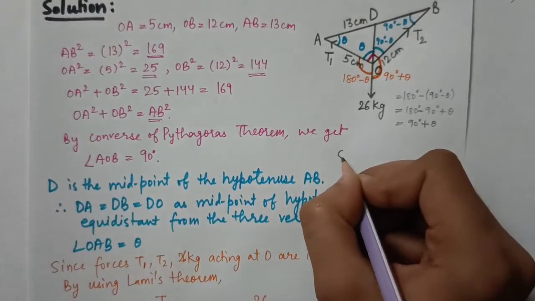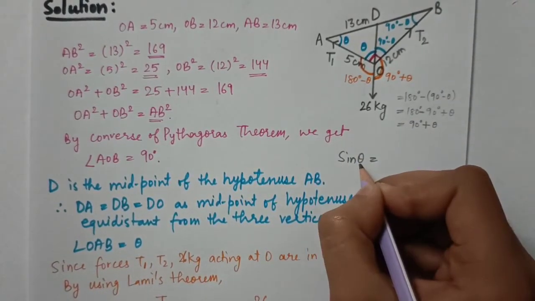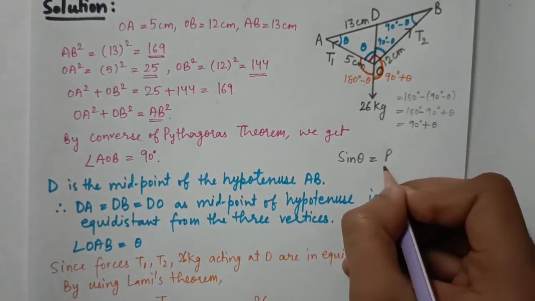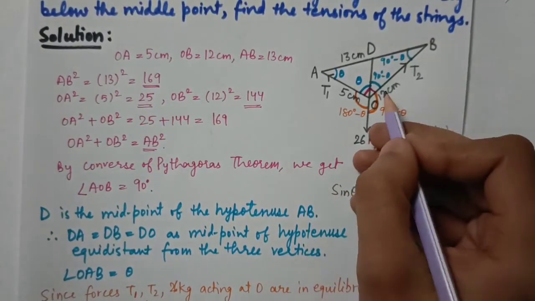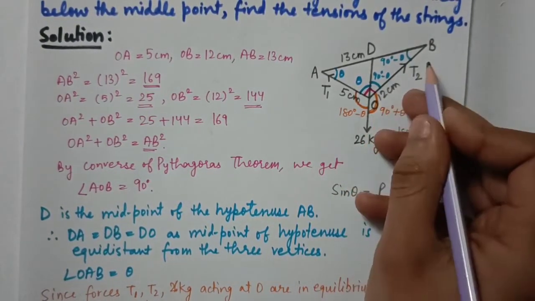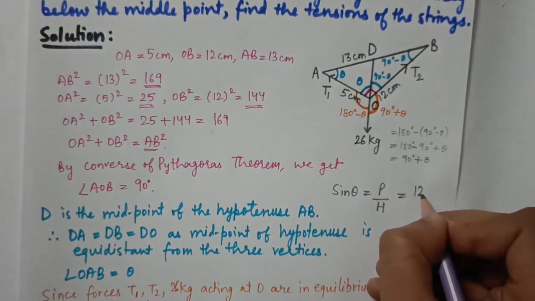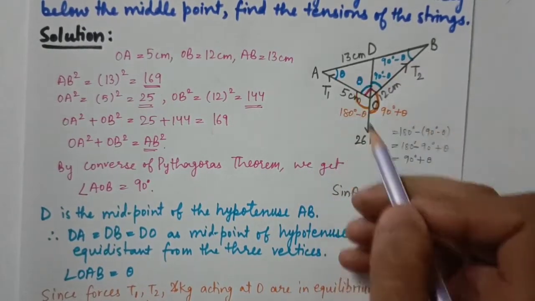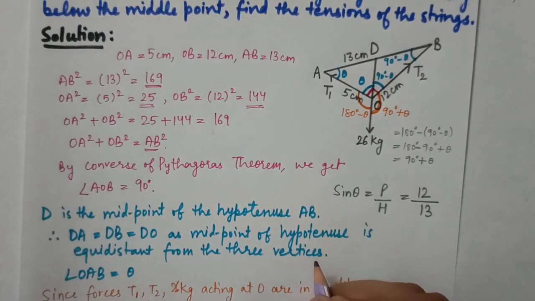And sine theta, I am just going to write it here in rough, we know is equal to perpendicular upon hypotenuse. So what is the perpendicular? This OB, and its value is 12 centimeter. So it is 12. And what is the hypotenuse? This AB, and its value is 13. So sine theta is equal to 12 upon 13.